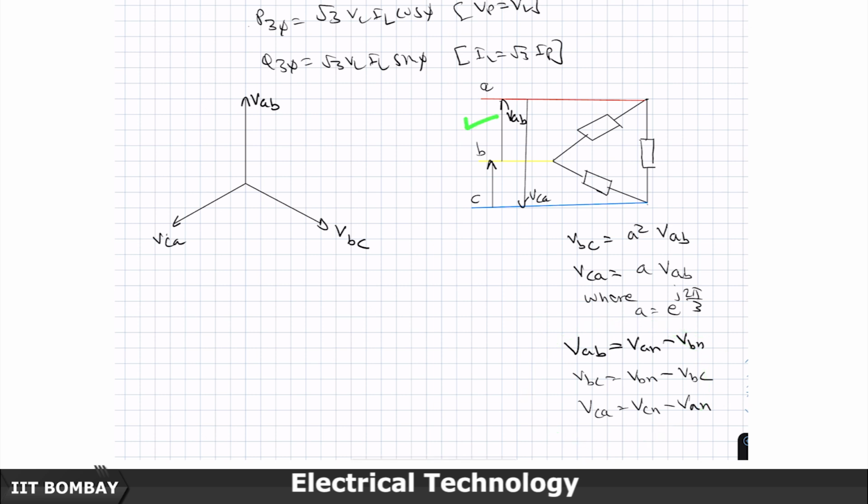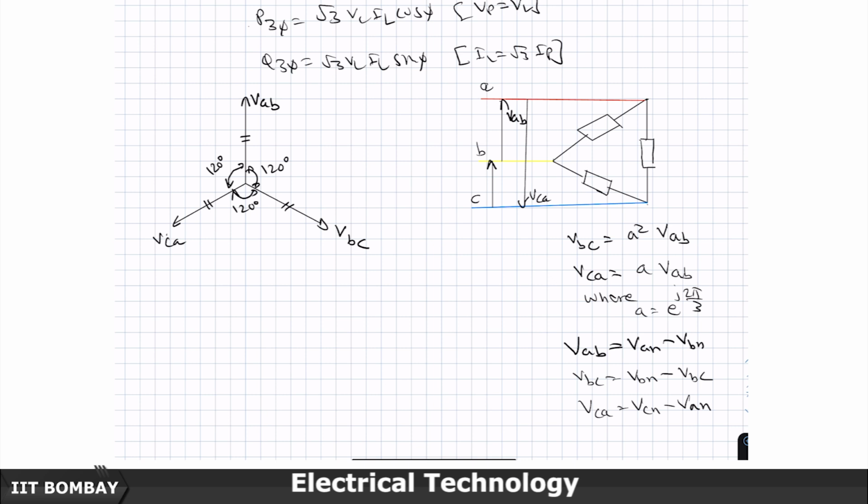Otherwise, this is a generic interpretation which is anyway valid, and because it is balanced, the magnitude of all of these three are same, and this is the convention of the angles. The 120-degree symmetric displacement is going to be like this.